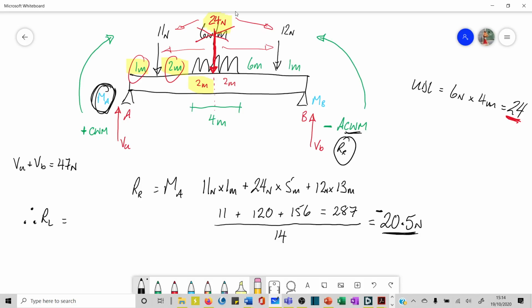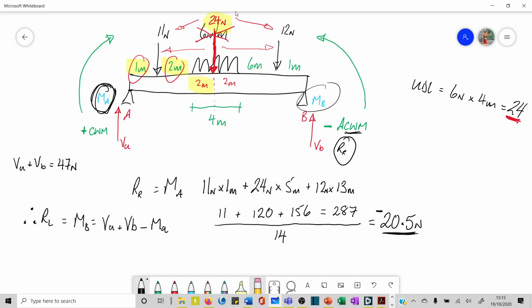So the left reaction is about moment B, which equals VA plus VB minus MA.